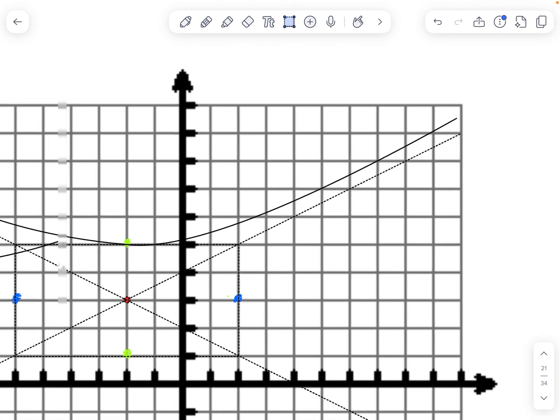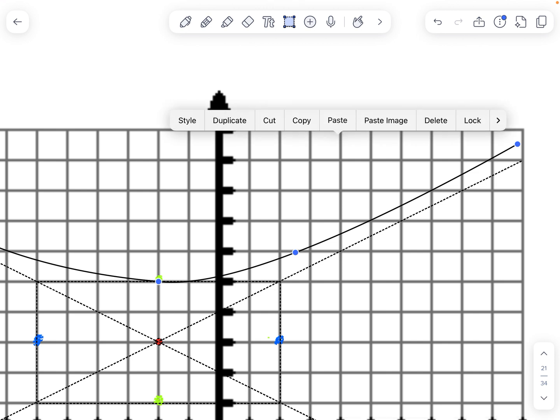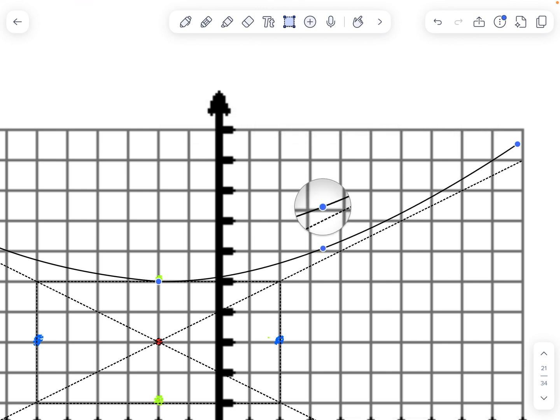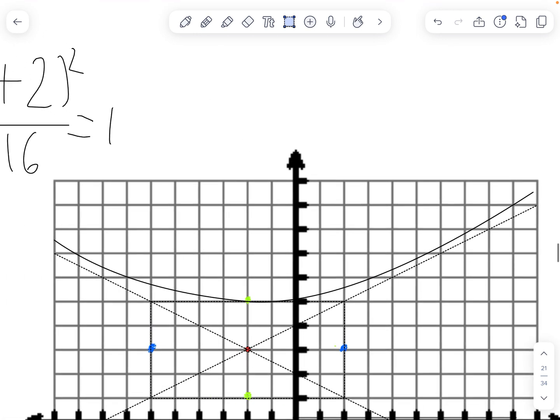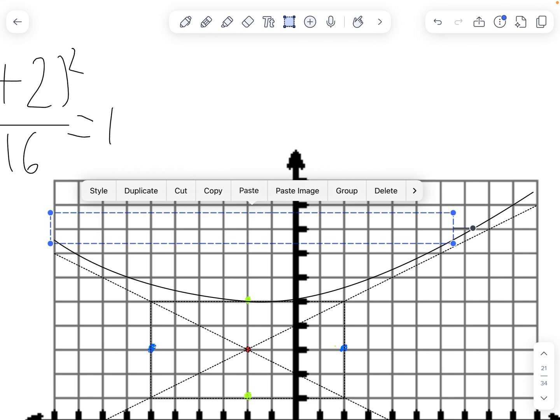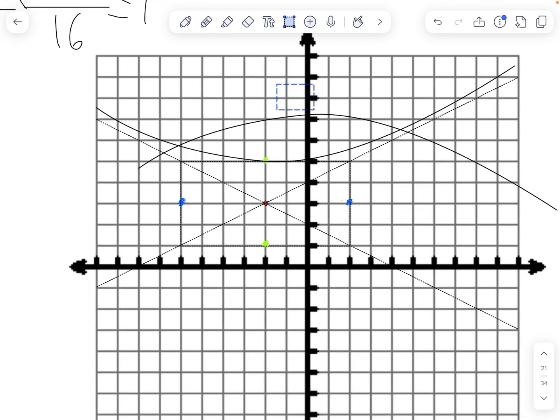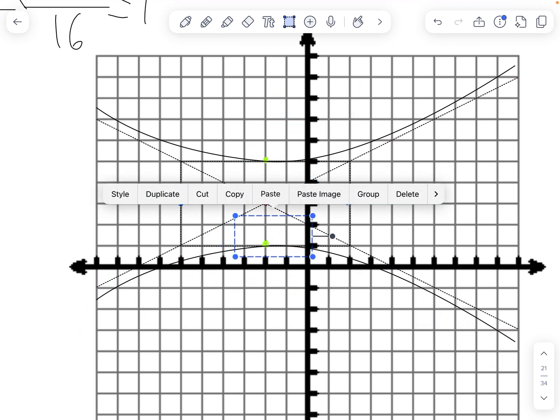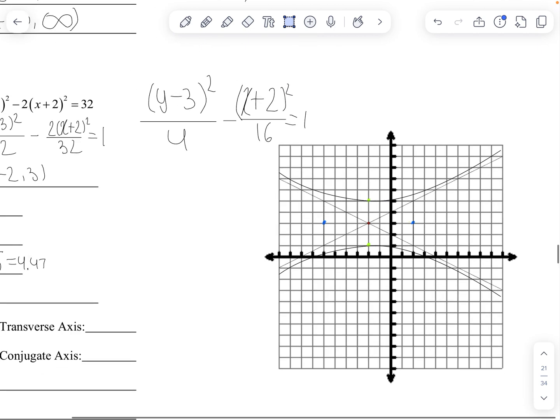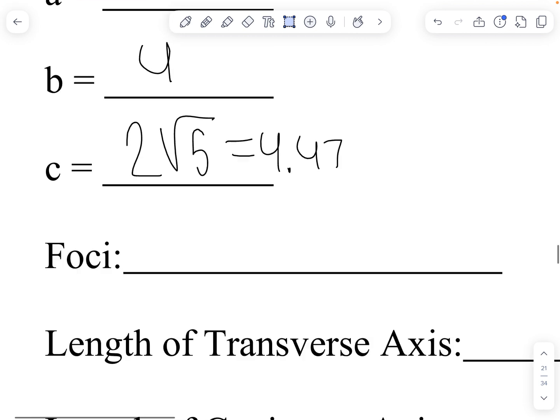Oh, this is horrible. And that is our vertical hyperbola.